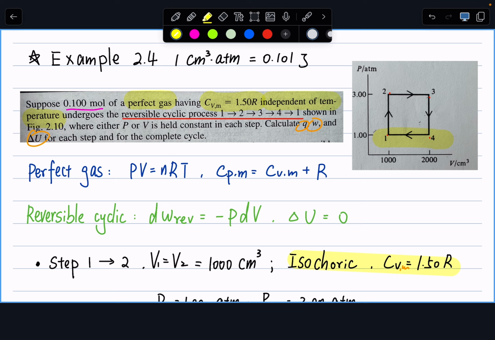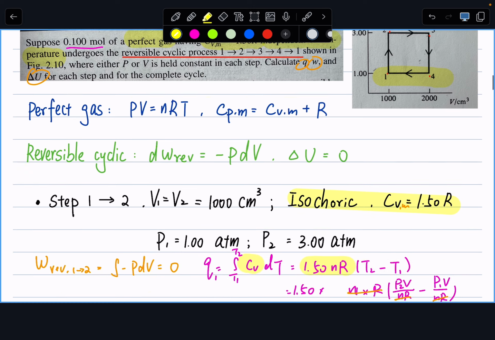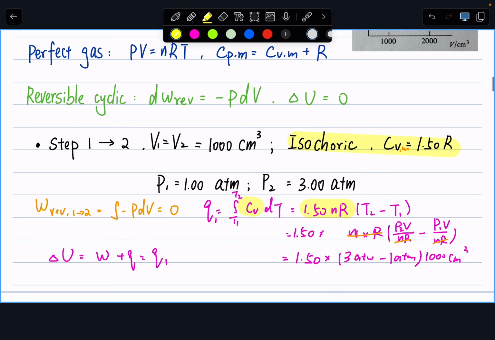Yes? I'm trying to connect this to the first one. So for 1 to 2, if you want to rewrite it, it would be CV and delta P. Okay, the difference between this one and this one is that this is an isochoric process, so the volume is constant. That's why we're using CV for the process, right?